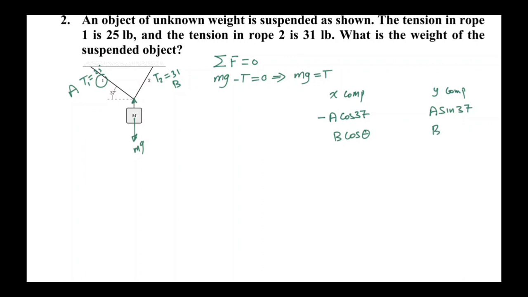and this one here is B sine theta. Sum of all forces on y again equal to 0, which means A sine 37 plus B sine theta minus mg equal to 0, and sum of all forces on x equal to 0 as well.